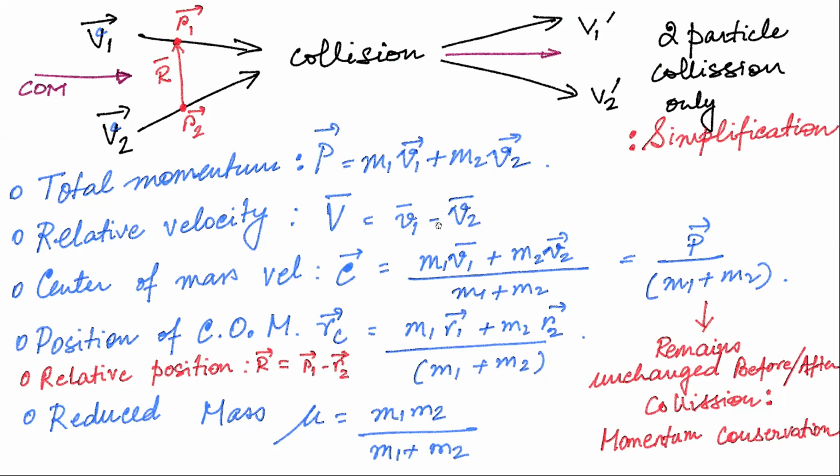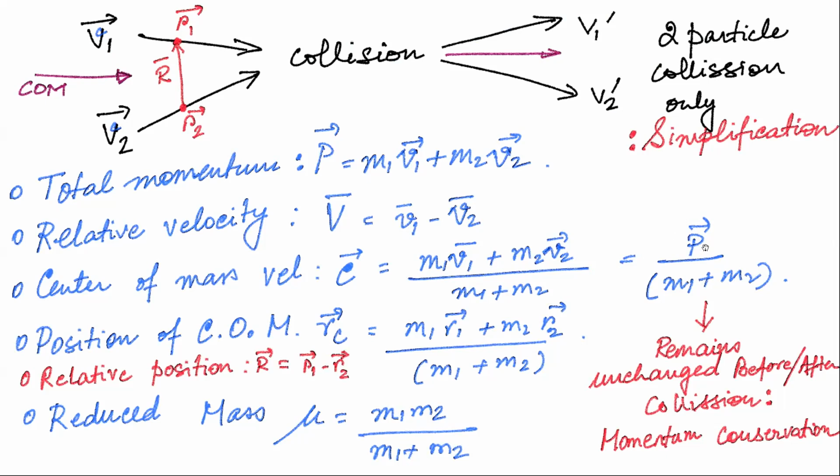So the relative velocity can be written as v1 minus v2, and the center of mass velocity c is (m1 v1 plus m2 v2) divided by (m1 plus m2), which is the total momentum divided by the total mass of the two particles.